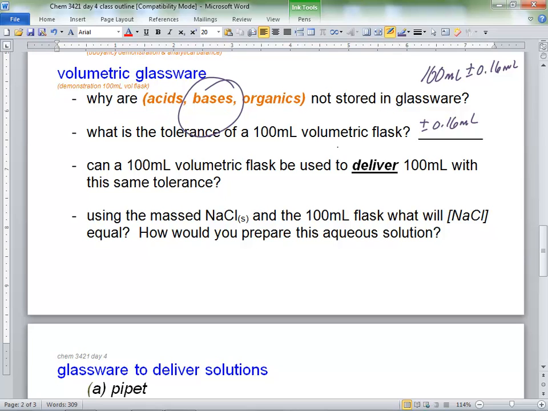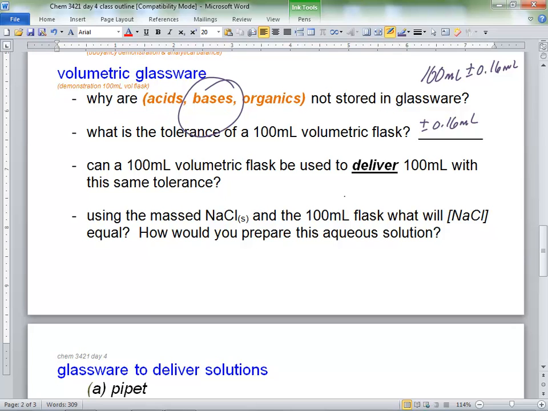No, it's 100 mils plus or minus 0.16 mils only if he uses this container. It's not meant to deliver anything. You have to keep it in here. If you try pouring it out, you're going to see stuff on the sides, and it's going to leave. You can't use this to get 100 mils plus or minus 0.16 mils. It's used to make solutions, not to dispense them. Okay, so the answer is no.